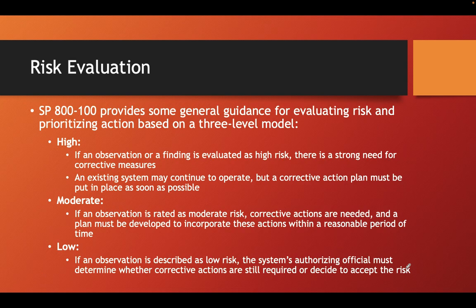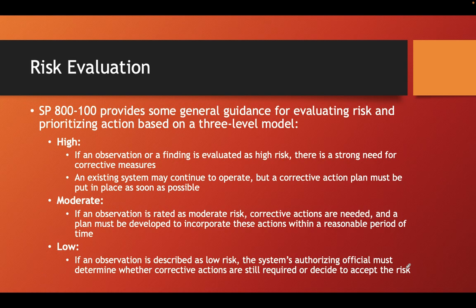If you look at SP 800-100, it provides some guidelines for evaluating risk. These guidelines are called the three-level model. The first is called high, the second is called moderate, and the third is called low.